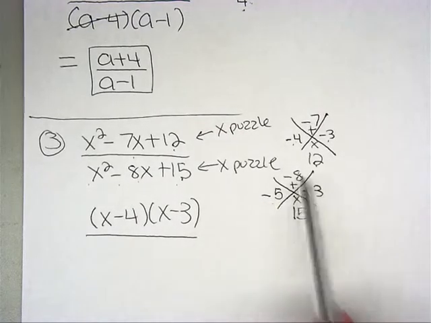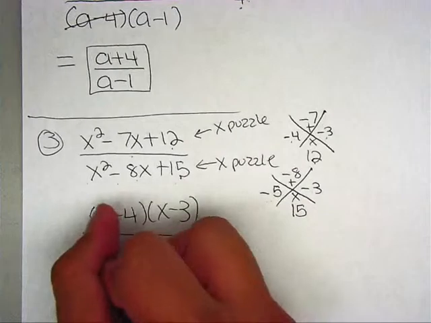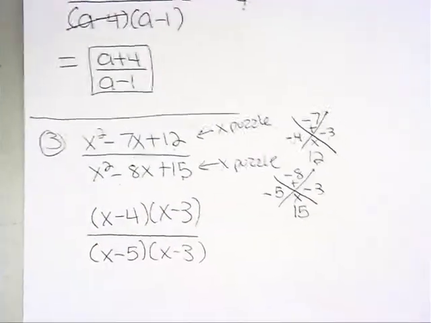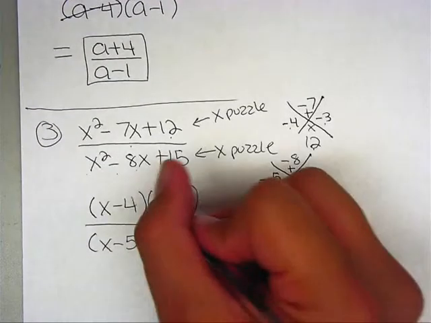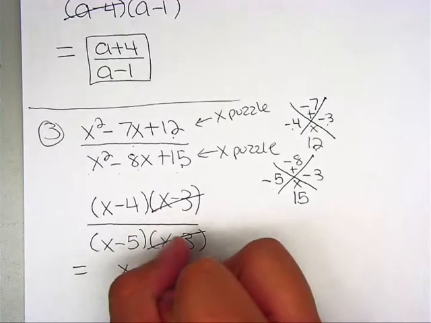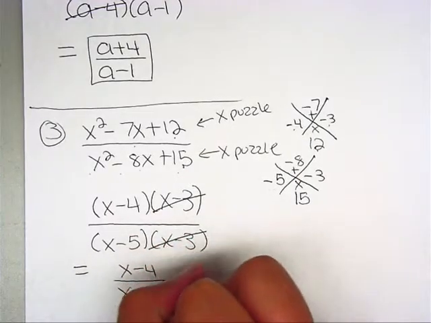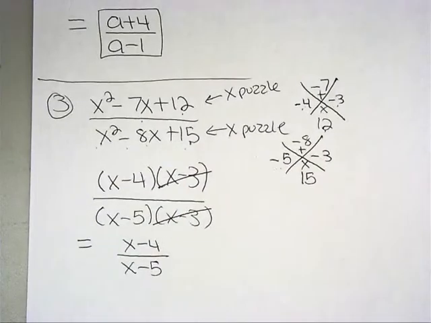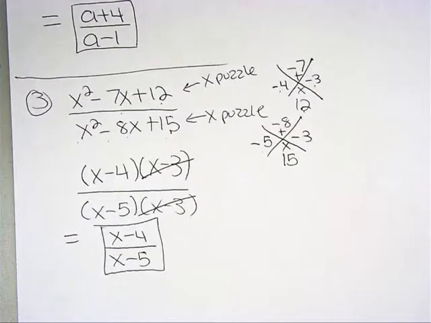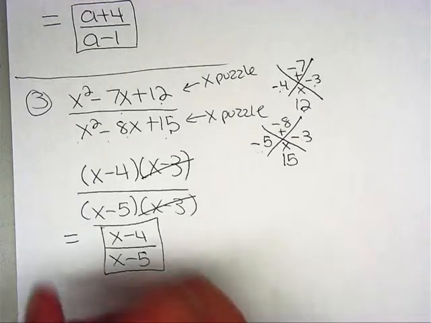Negative 5 minus 3 is negative 8. So when I factor, I have x minus 5, x minus 3. I see that my x minus 3's cancel, so my answer is x minus 4 over x minus 5. Question 4.